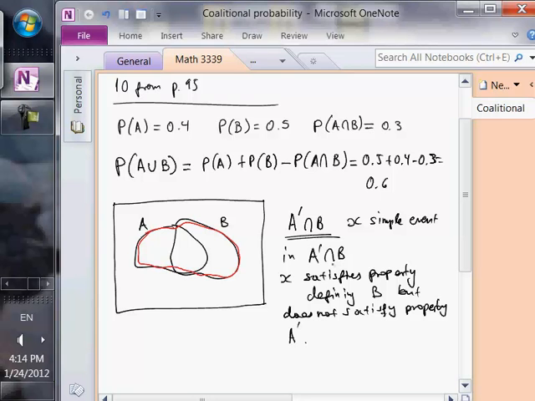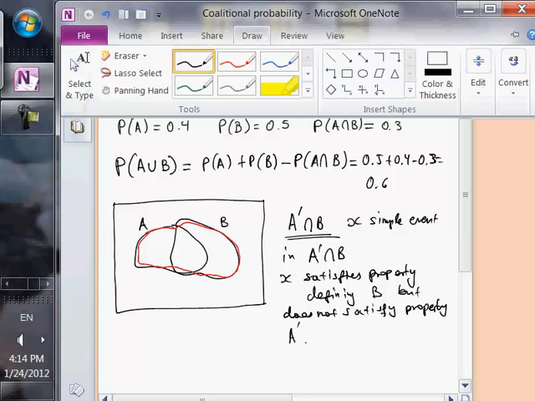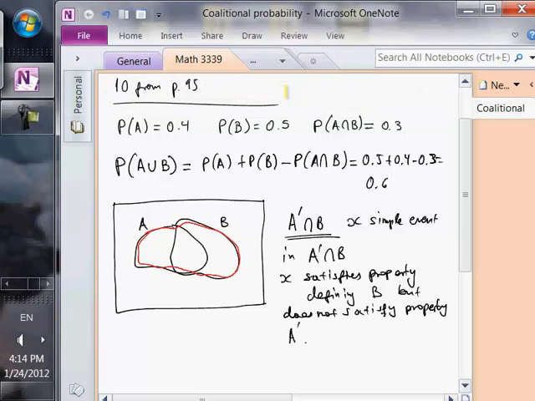We should not be inside A, but we should be inside B. If I choose yellow, I put it right here. All this is the part of B that is not inside A. This is the set whose probability I want to compute.